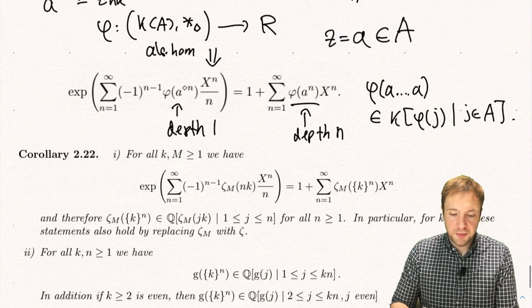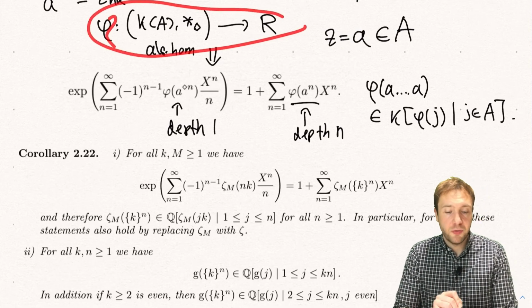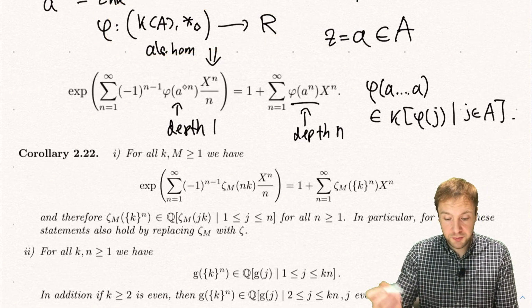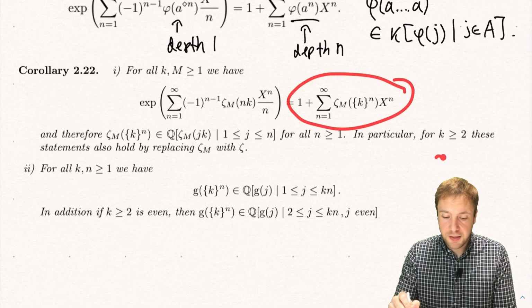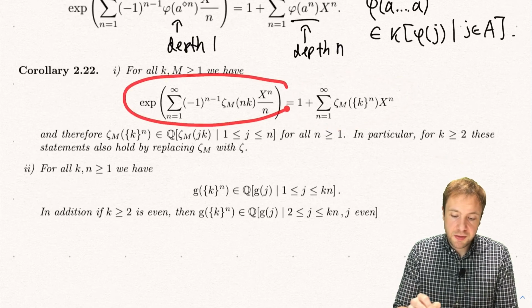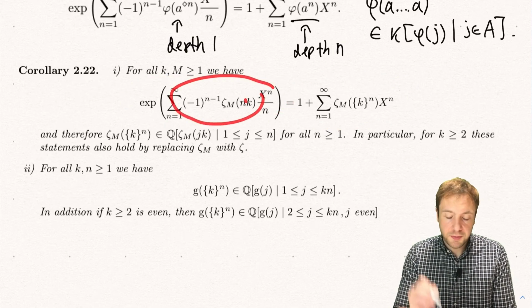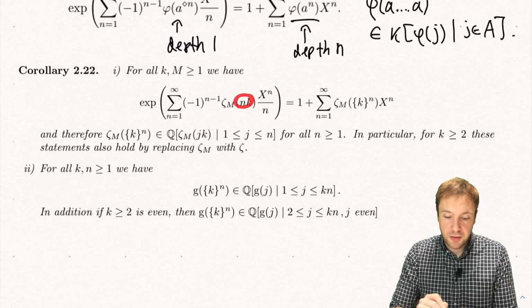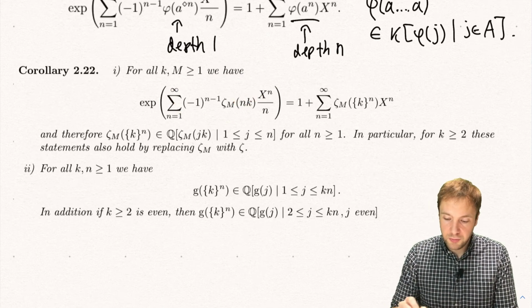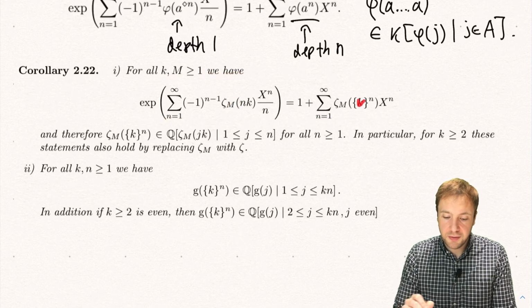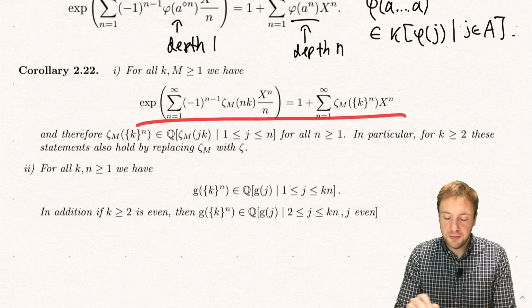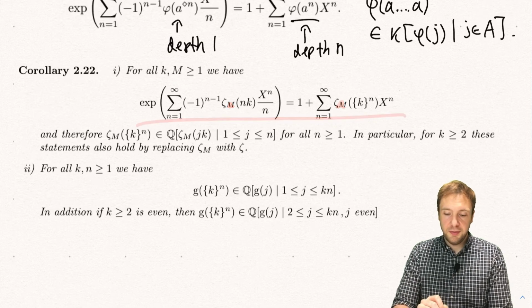So if we take as an example for an algebra homomorphism our truncated zetas, or just the multiple zeta values, then we see that the zetas of k can be written as polynomials in zeta in depth 1. So this makes sense for all k's, because this is now the truncated version, but if the k's are greater or equal to 2, we can also take the limit n goes to infinity, and then this statement makes sense without these m's.